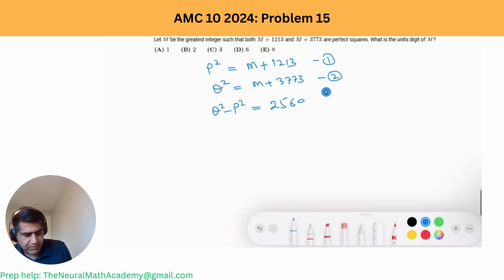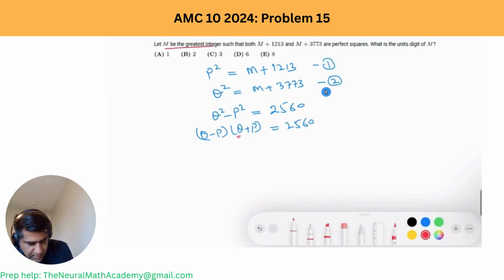If we make one observation, we want m the greatest integer, right? So for that, we need to ensure that q and p are also maximized, or the largest possible. And from there, we want q plus p to be the maximum and q minus p to be the smallest.